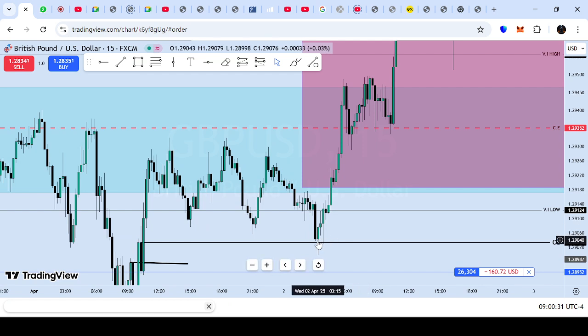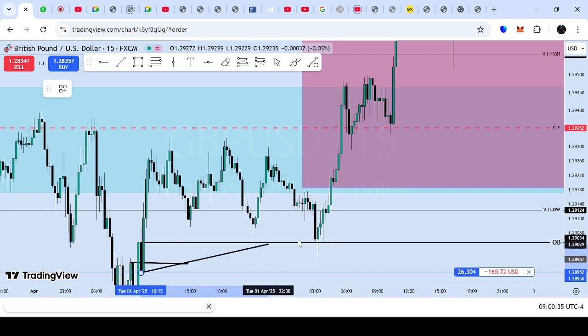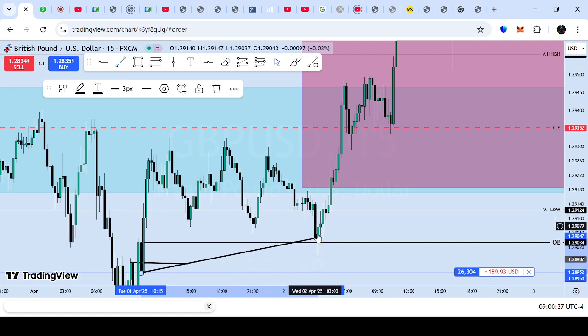Low, higher low. You see, this last close candle here, the bearish candle, is higher than this order block here. So you're going to treat them as order blocks, last close candle, higher low, last close candle, higher low.